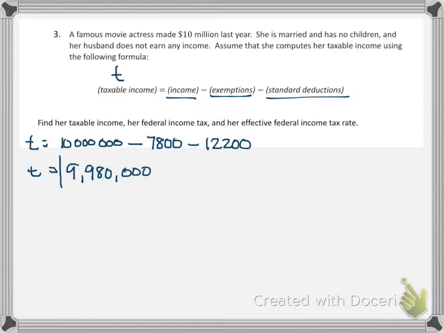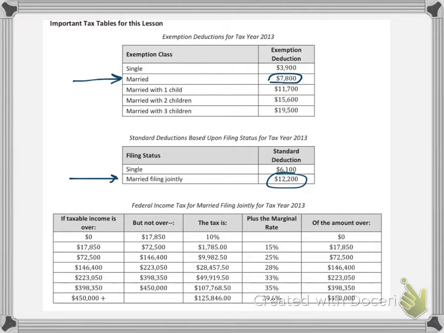Now, this determines where we go to find how much taxes are paid. We look for the income bracket, and it's the last one. This actress has topped out, so she's in the highest tax bracket.